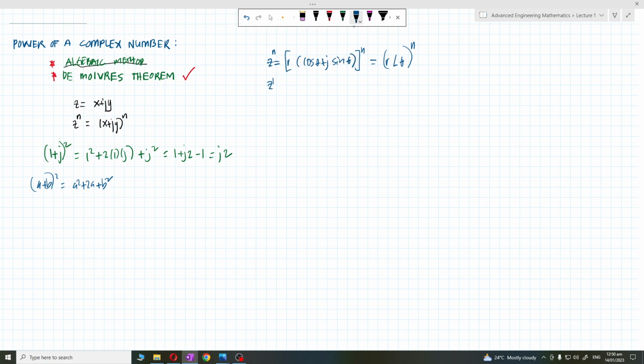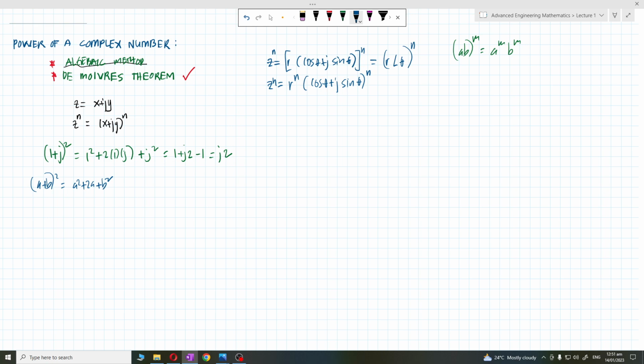So z raised to n is equal to, applying some property of powers, if you have a product AB raised to M, you can distribute the exponent to A and B. That is the same as A raised to M and B raised to M. So the expression r quantity cosine theta plus j sine theta raised to n is the same as r raised to n, quantity cosine theta plus j sine theta, raised to n.